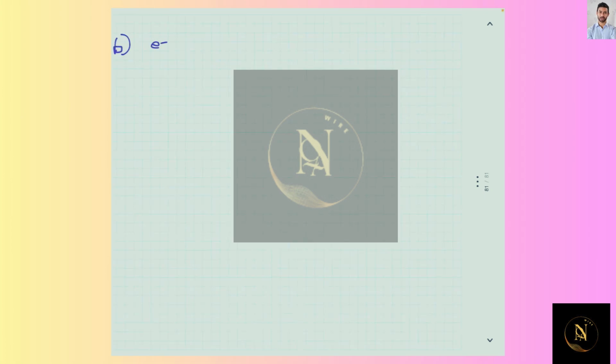Now, using this information, we are asked for our second part here to estimate this lattice energy. Excuse my bad writing. Oh, I read that wrong.